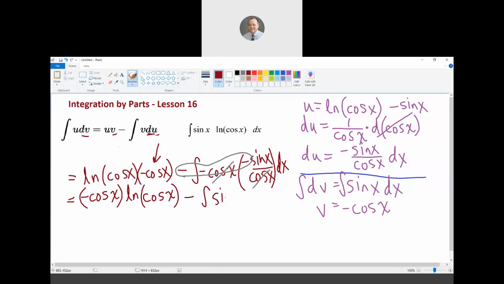So all that's left to integrate is sine x dx. The integral of sine x dx is negative cosine x again. And I'm just bringing everything else down.